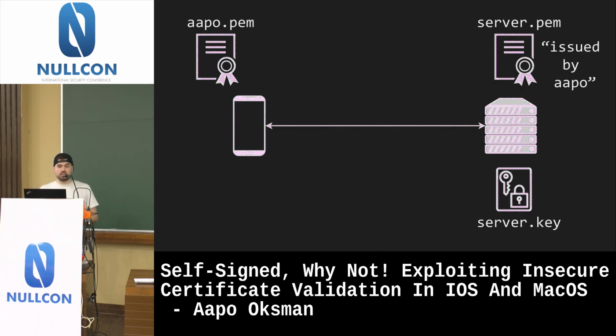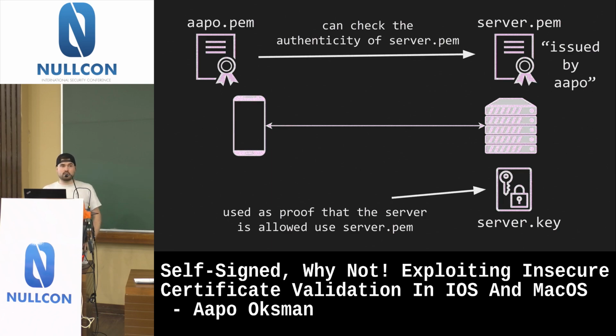To actually use the certificates, you need to store the original certificate on the device. However, you only need the public part. You don't need the key anymore because the signatures have already been calculated. On the server, you store the server certificate and the server key.